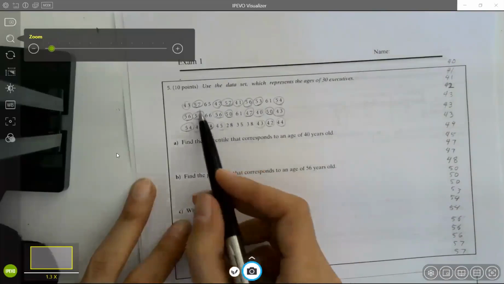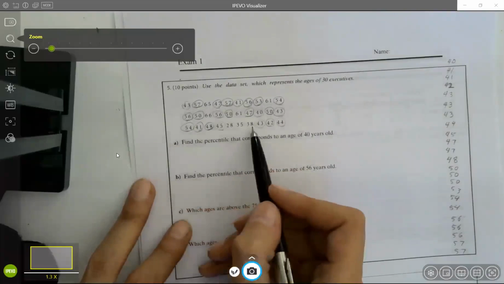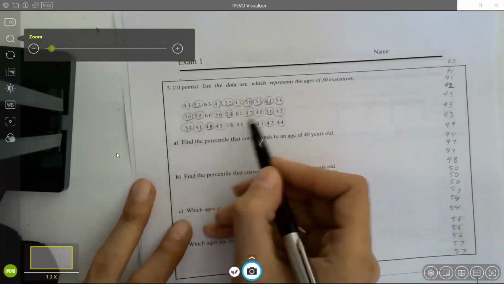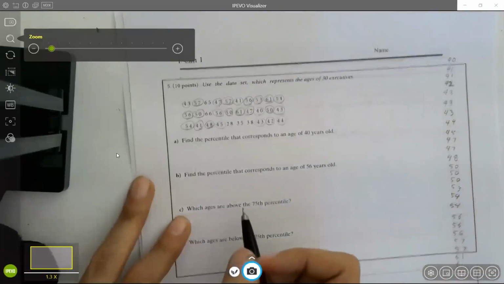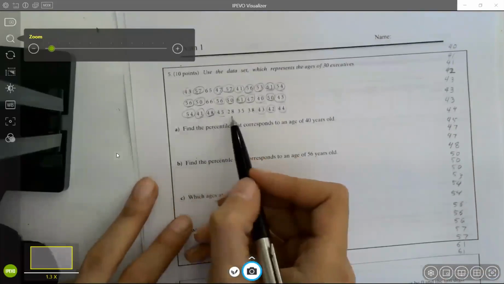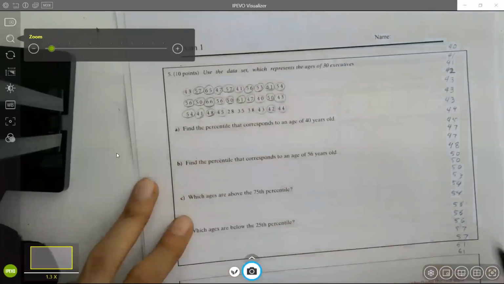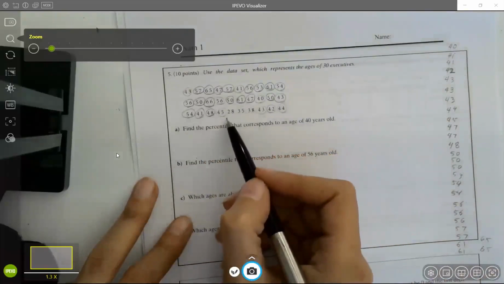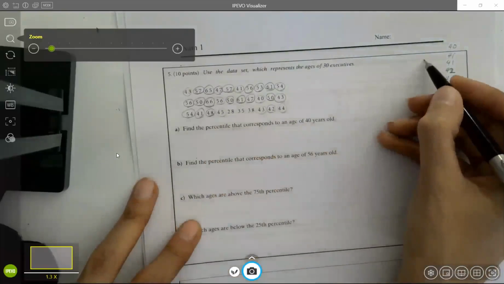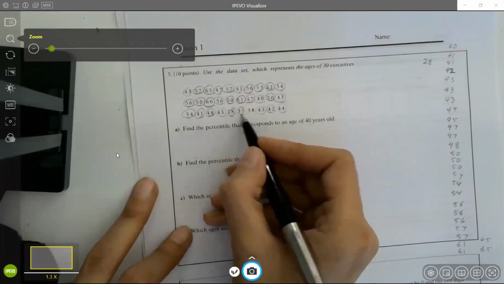The 60s: I see 61, I don't see any 60, so 61, 61. And I have 65, 66. Then I have some values less than 40: 28, 35, and 38.